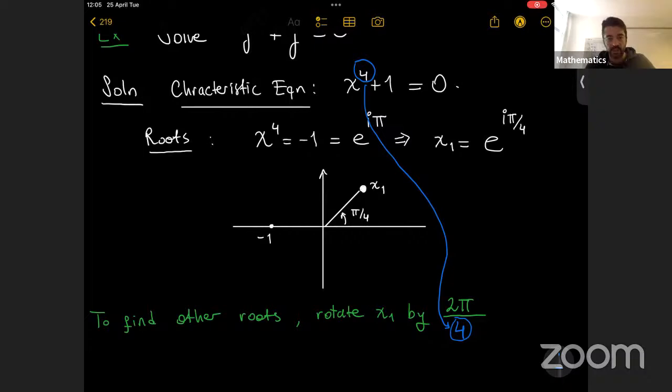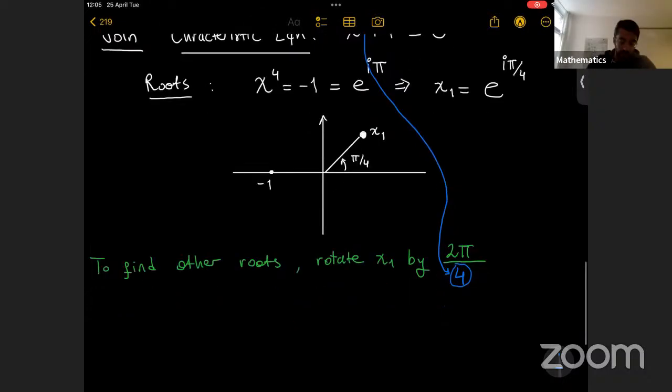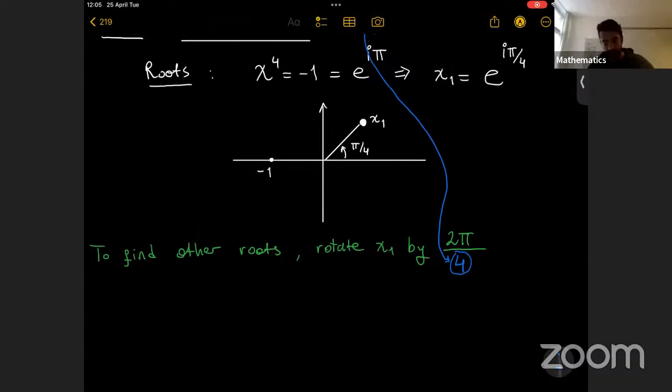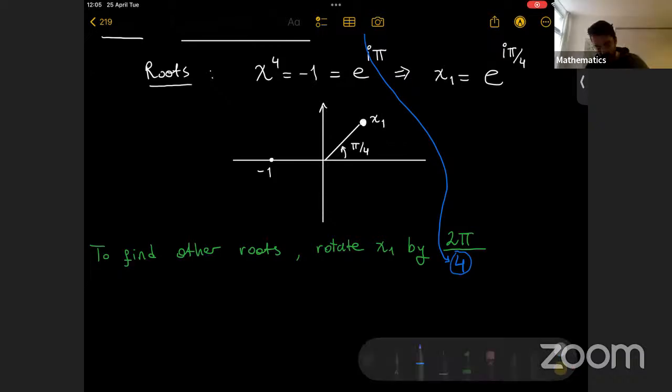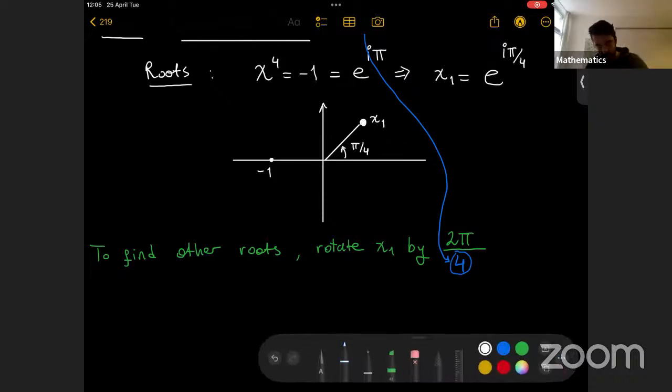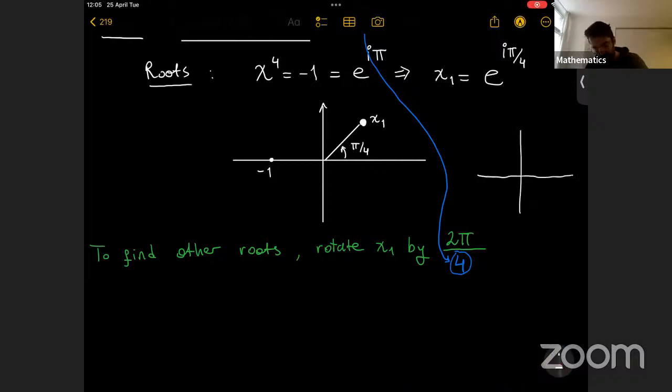Okay, let me explain this here. Well, how do we get this e to the I pi? Maybe let me go over complex numbers. In general, when you have a number here, this is e to the I theta, okay? And this is theta, right?